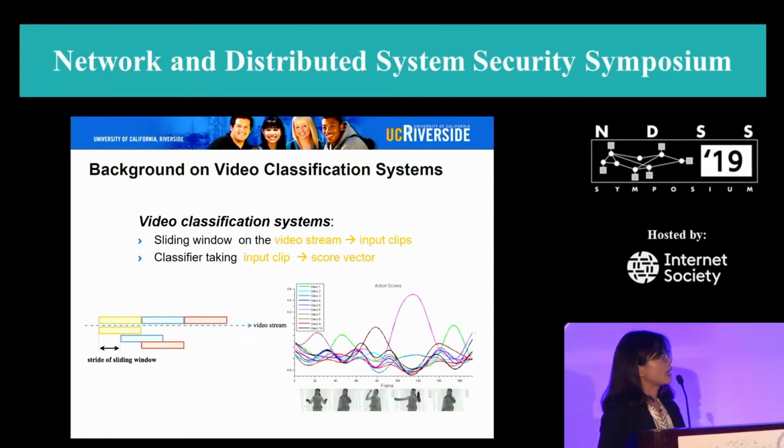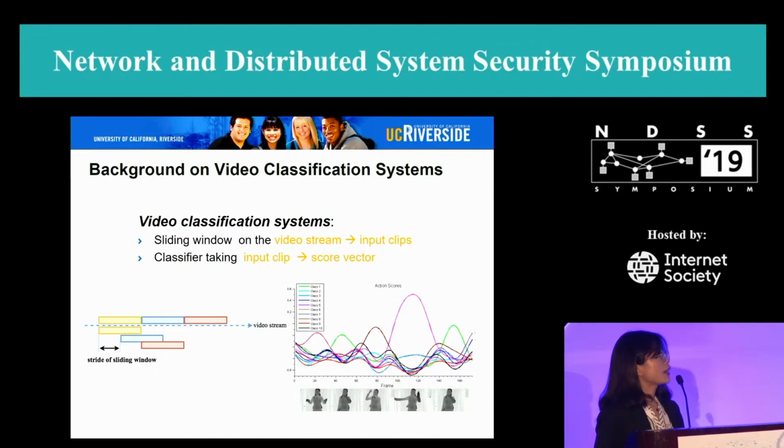So now let's take a close look at how video classification systems work. They typically contain a sliding window and a classifier. The sliding window extracts video clips from the video stream. The length of the sliding window determines how many frames are in one input clip, and the stride of the sliding window determines the overlap between the input clips.